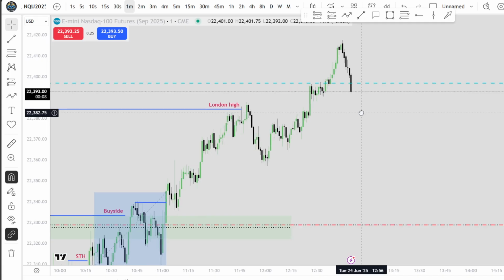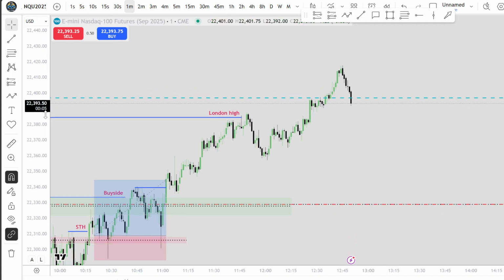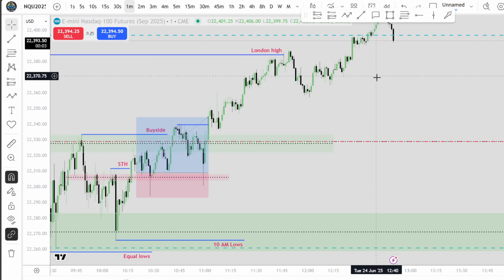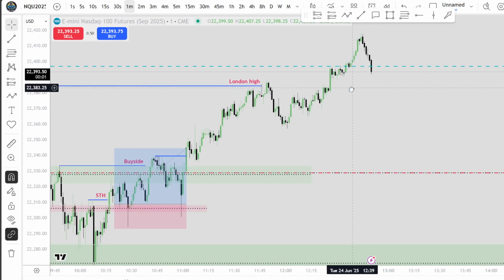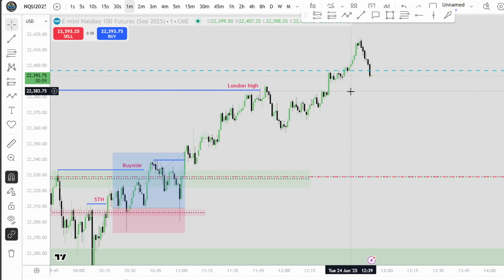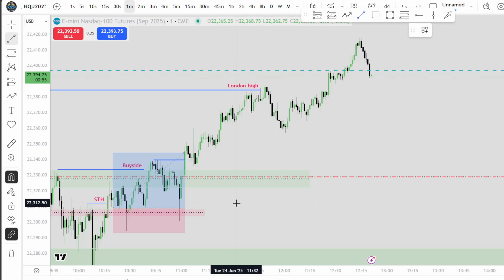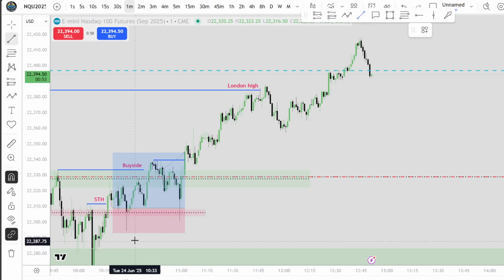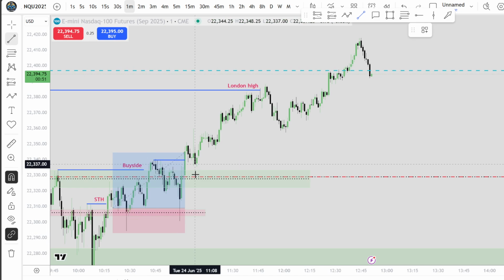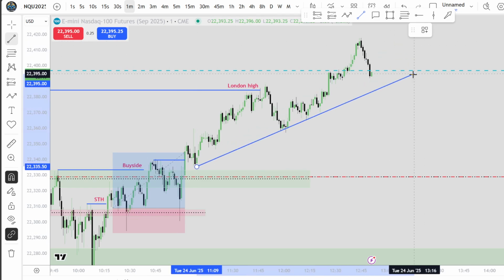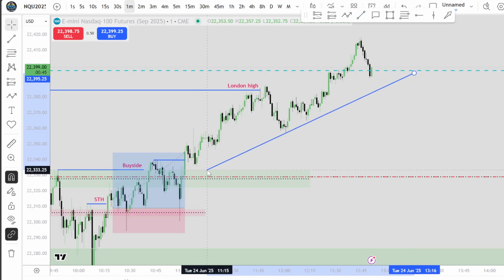And now we have 12:49. We're moving into the PM session, and with a range like this, when we just pushed up, it's very, very possible that we will go for the trend line liquidity here. So let's mark that out. Trend line liquidity, something like this maybe.